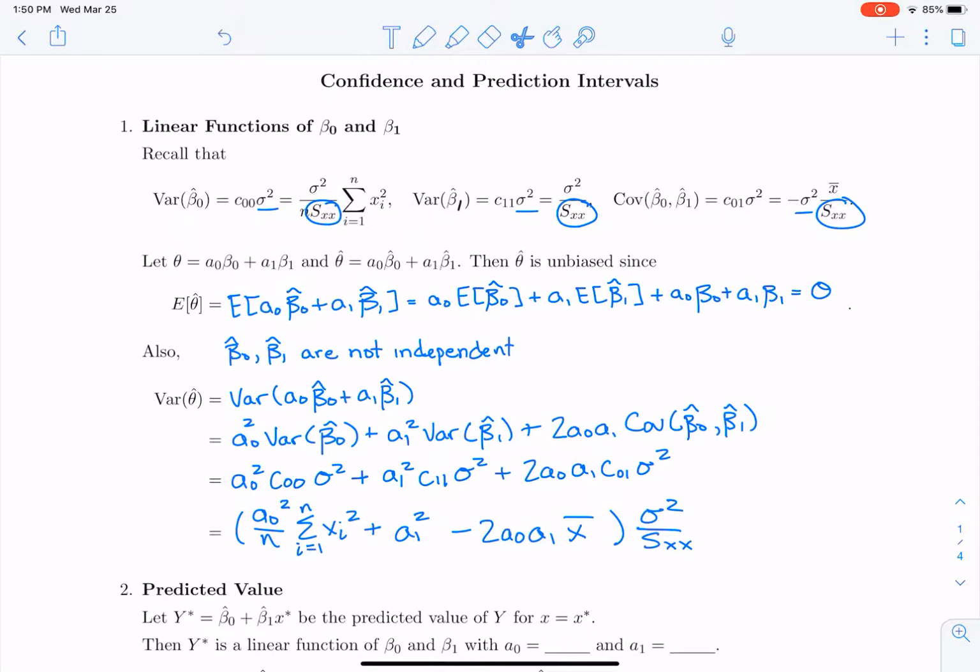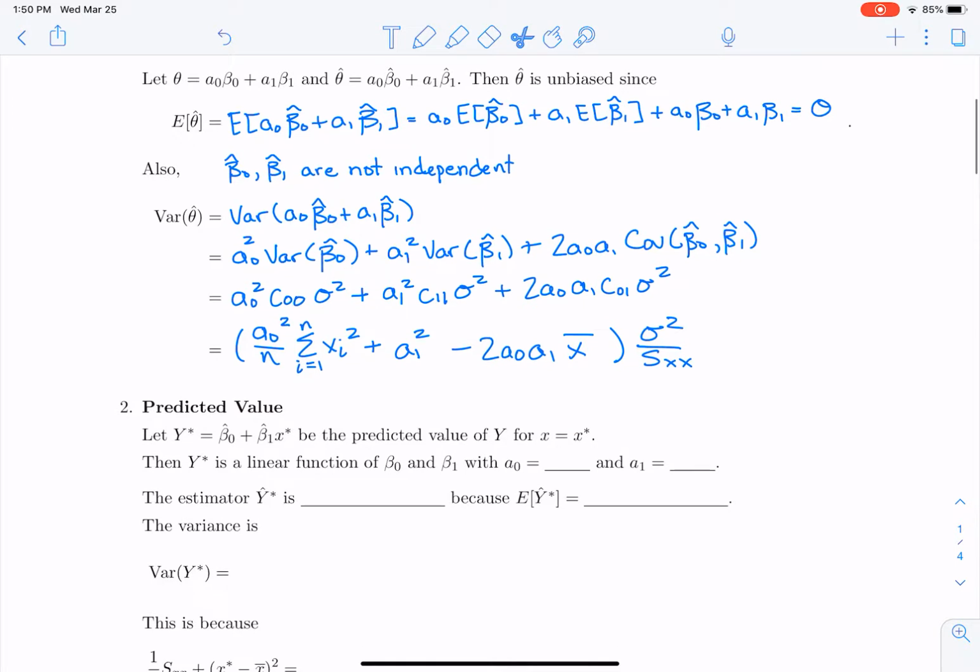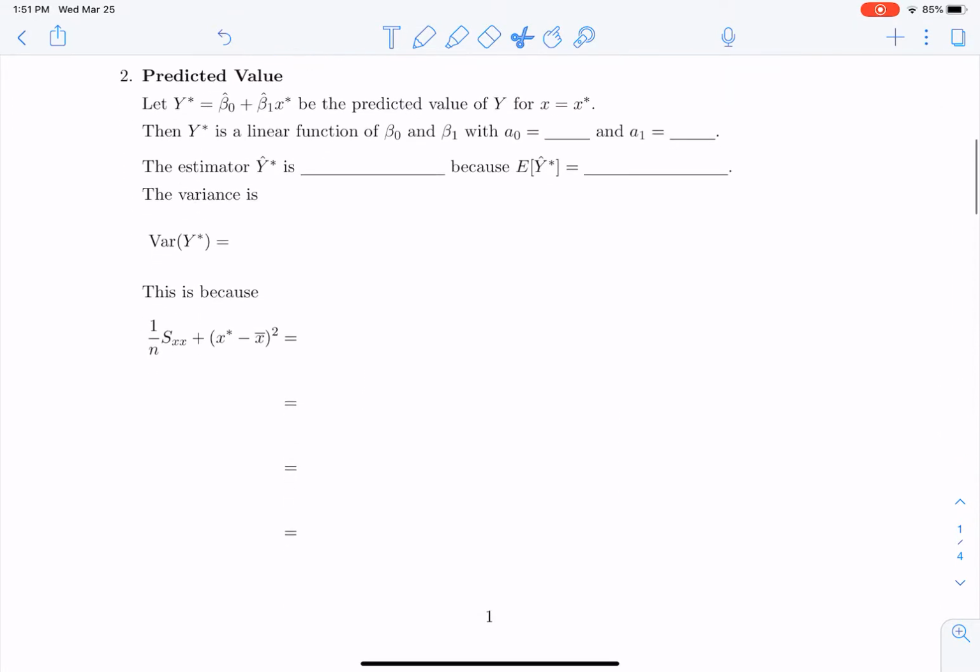Now I want to move on to a special case of a linear function of β0 and β1, which is θ hat. So we're going to let y star be the predicted value for x star. We're just going to give this a new name. Instead of y hat, we're going to say that y star is the point on the regression line given by β0 plus β1 x star.